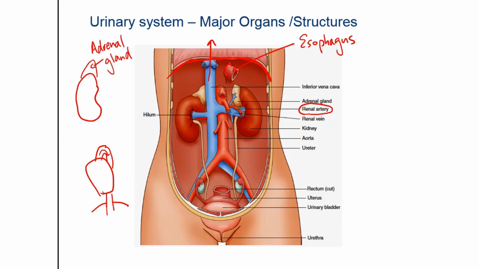Not so much for providing the kidneys with nutrients, but the renal artery is there to supply the blood so the kidneys can cleanse it continuously. Right? So there's quite a lot of blood going through your kidneys.